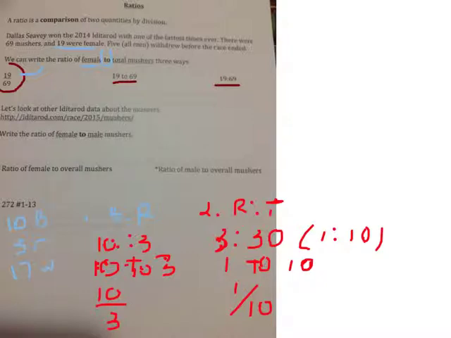So the third question, I'm going to do up here, is asking us to read, there's a 40-gallon aquarium, there are 21 neon tetras and 7 zebra fish.